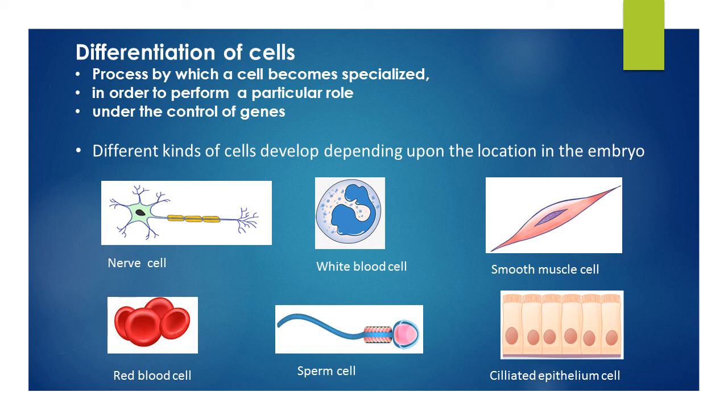And then blood cells. Here you can see a white blood cell and a red blood cell. The red blood cell has a biconcave shape. Its specialty is that it does not have a nucleus.